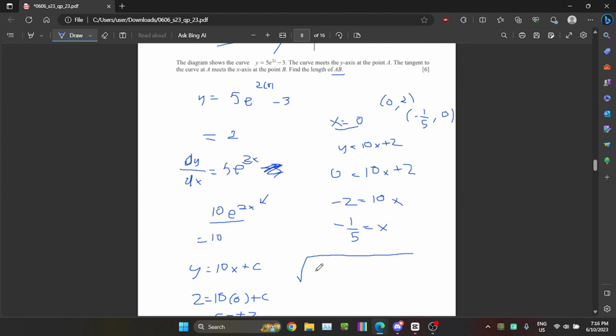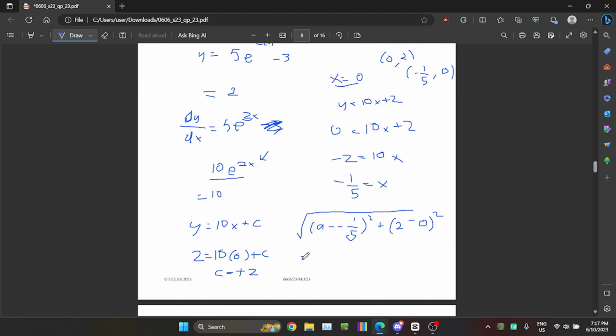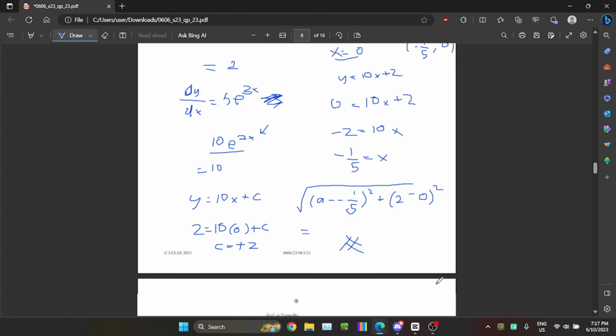But we take x1, minus this x, so minus negative 1 over 5. We square this, plus the first y minus the second y. You square this, and this would give you the answer. This is the length. I'm not going to calculate it, I'm way too lazy. Alright, moving on.